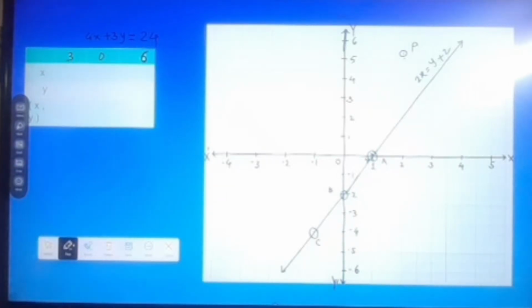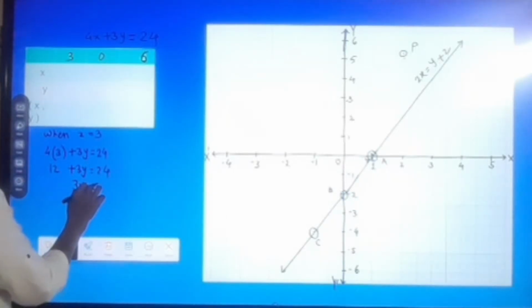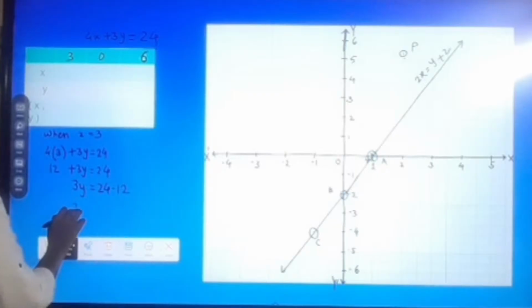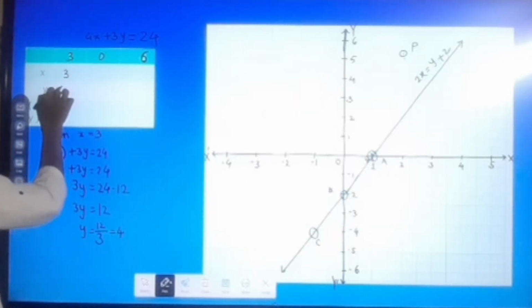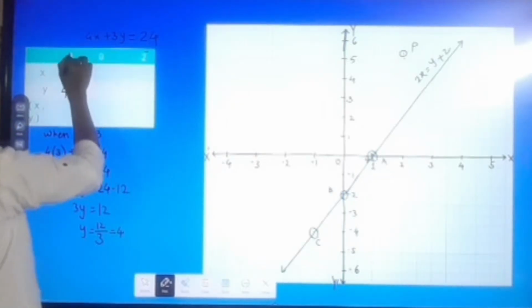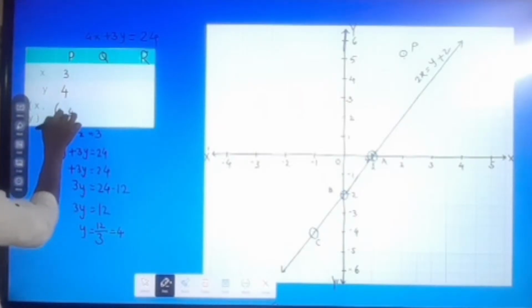So when x is equal to 3, then 4 multiply 3 plus 3y is equal to 24. So 12 plus 3y is equal to 24. So 3y is equal to 24 minus 12. So 3y is equal to 12. So y is equal to 12 upon 3, which is equal to 4. So here I take 3, 4, and these are P, Q, R. So the coordinates are 3, 4.